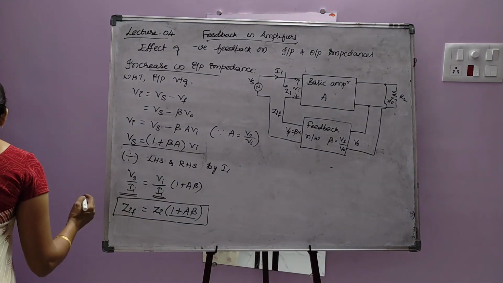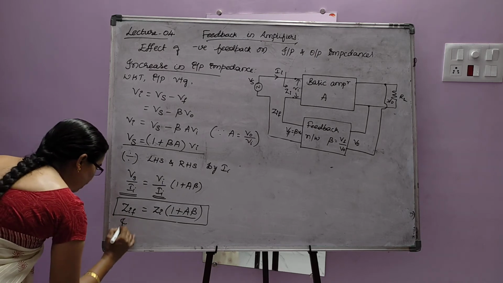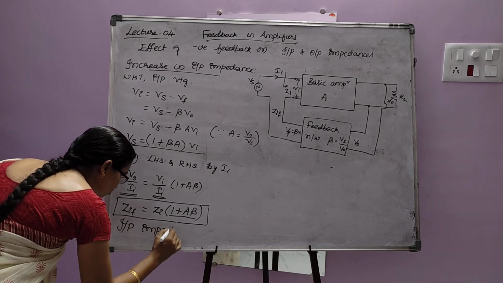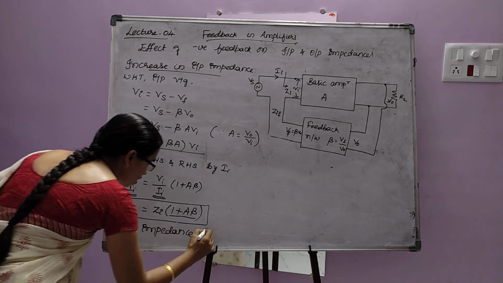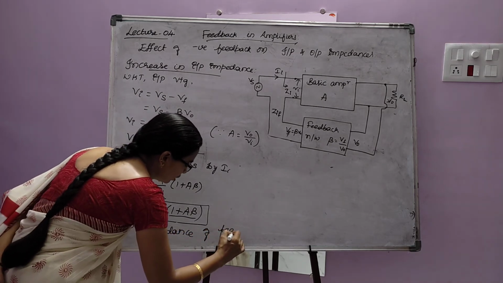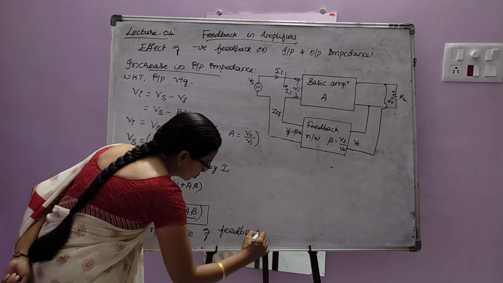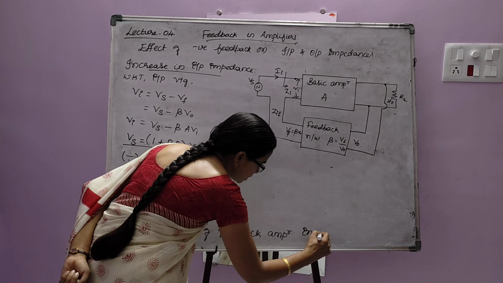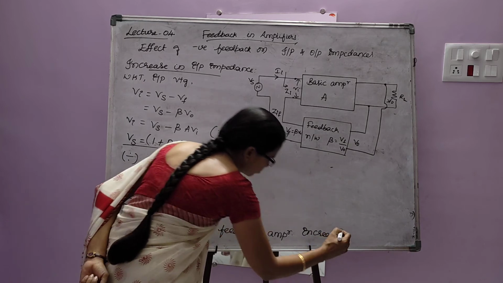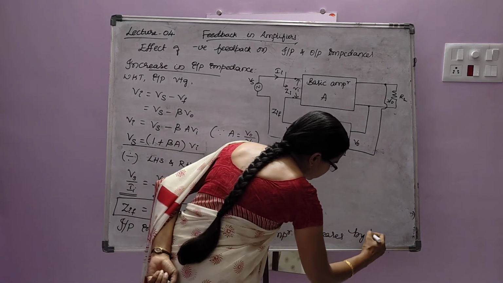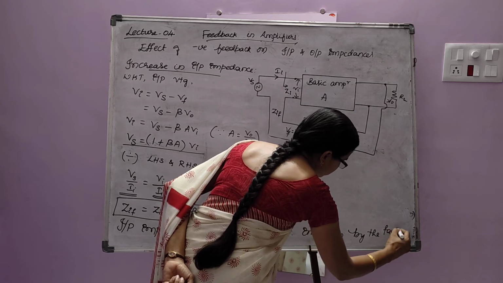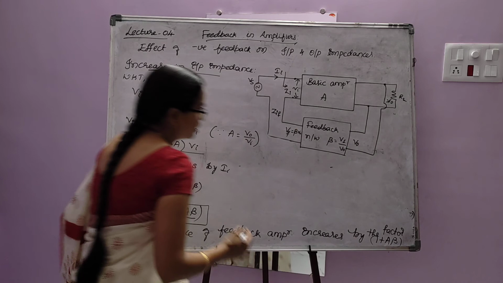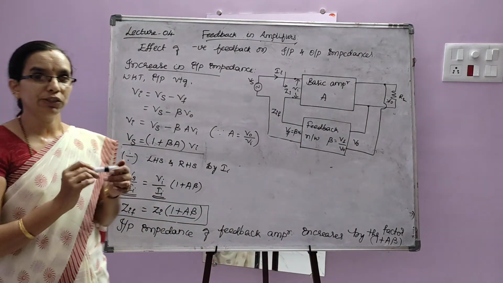Input impedance of feedback amplifier increases by the factor 1 plus A beta. Write down this. See, that is the desired one actually.